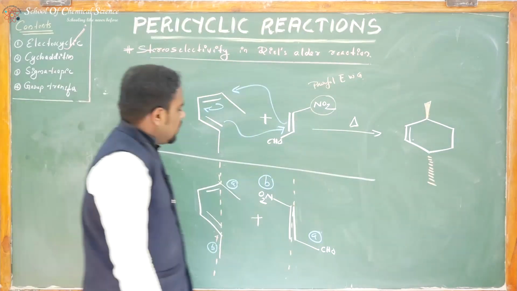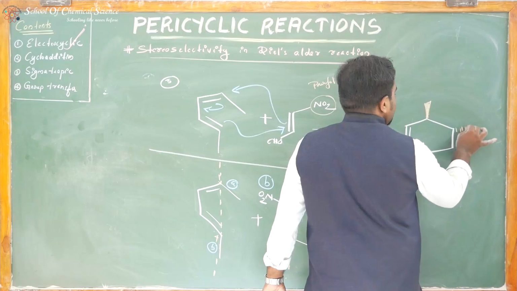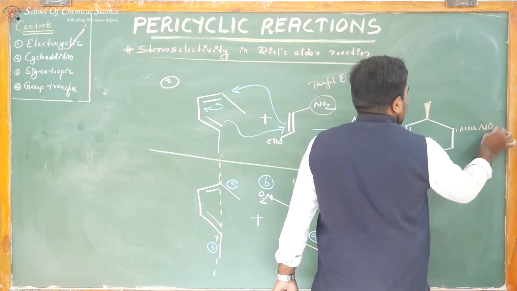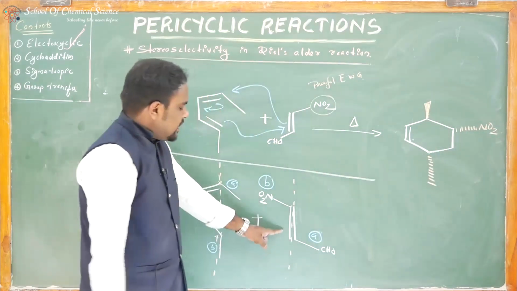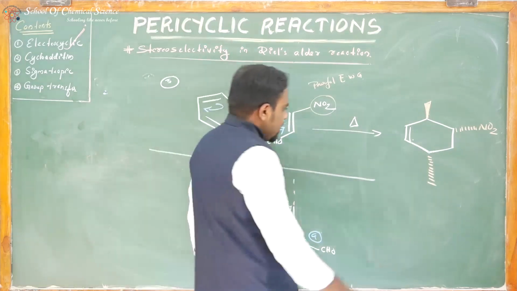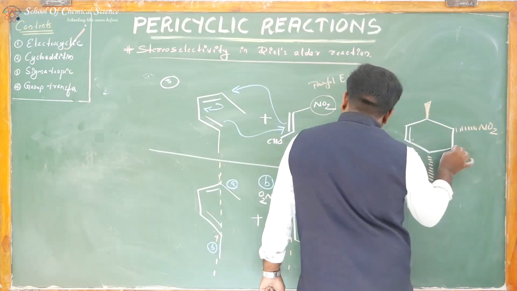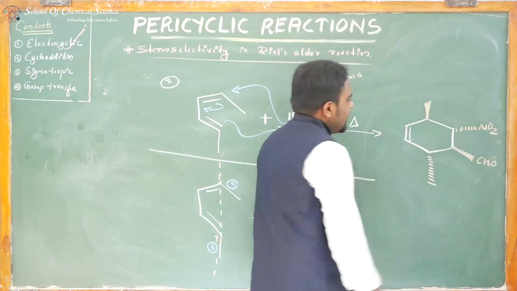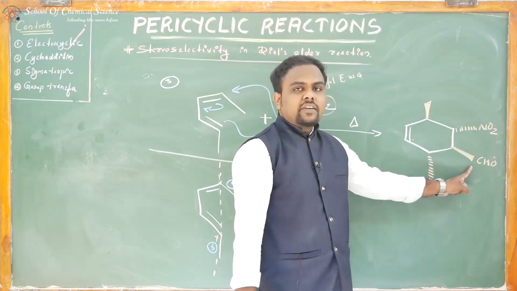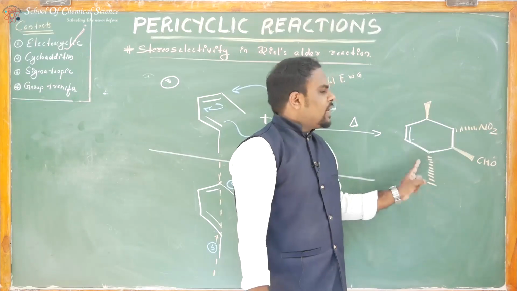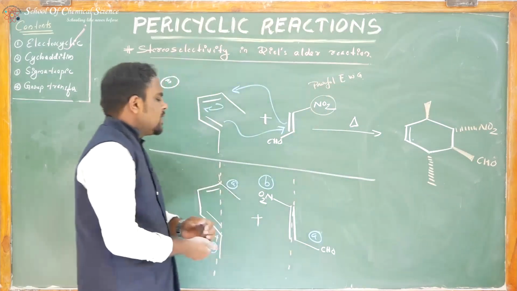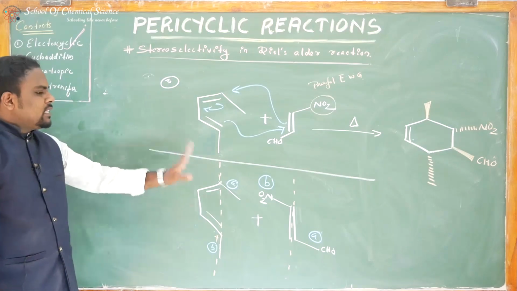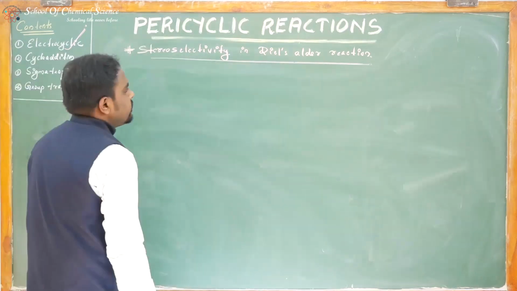This NO2 is below the plane. CHO is above the plane. The meaning is one methyl and CHO have the same stereochemistry, NO2 and the other methyl group have the same stereochemistry. That is the meaning. So that is the product.